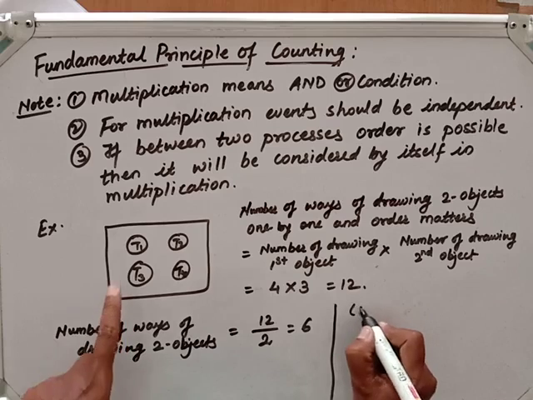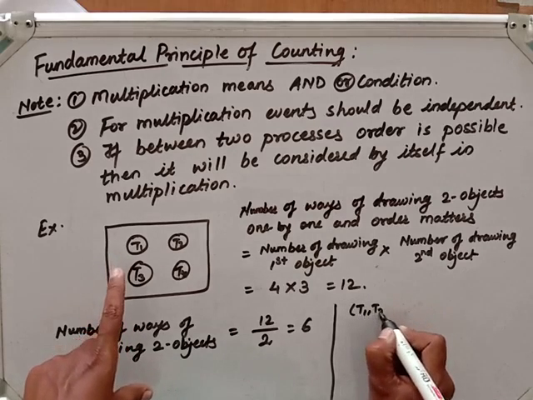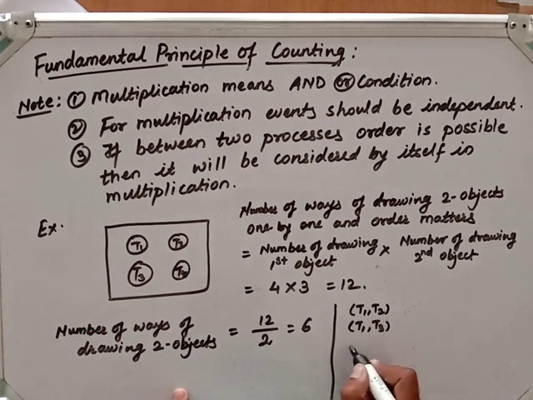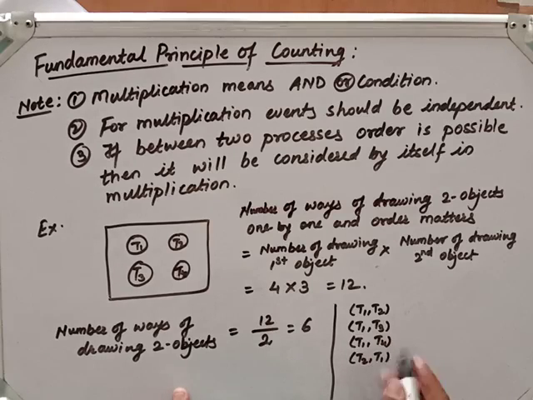Look at here. Suppose I got T1, T2. Suppose T1, T3. Then T1, T4. Suppose T2, T1, means firstly I got T1, secondly I got T2. Firstly I got T1, secondly T3. Suppose T2, T3.